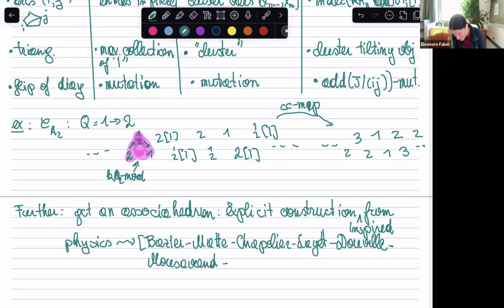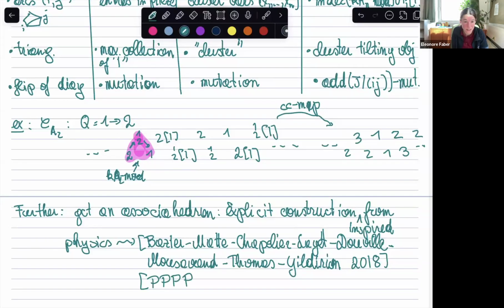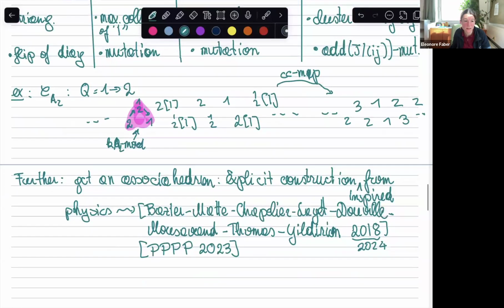I think that's everybody. Yeah, Thomas and Yildirim. 2018. And then there's also a more general version that came a little bit later. This is due to Padrol, Paru, Pilot, and Clamodon. I think it was on the arXiv roughly a little bit later, but was published in 2023. And this was actually published in 2024. It was published later, but was actually earlier on the arXiv.